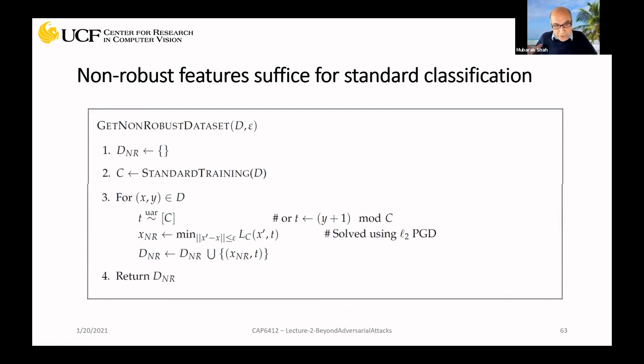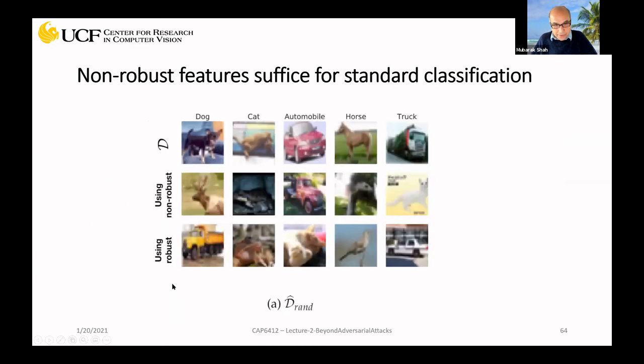So now intentionally, we have changed the class for that image X to the wrong class. And we are going to use this data set to train the standard classifier and show you the results. Using the non-robust classifier, when we change the label randomly, these are the images generated.